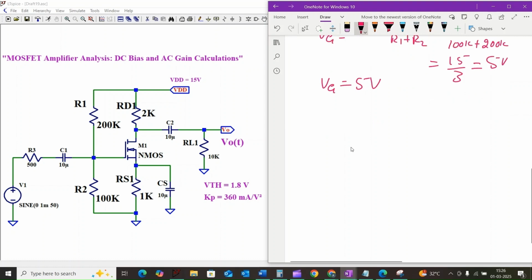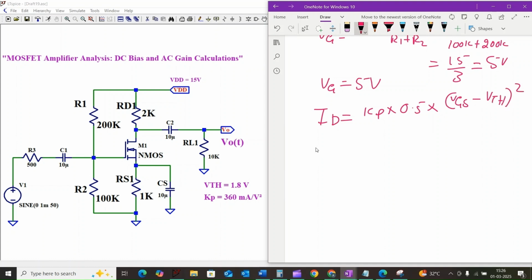And we are assuming this is the saturation region, so the drain current ID will be equal to Kp into 0.5 into (VGS minus VTH) whole square.